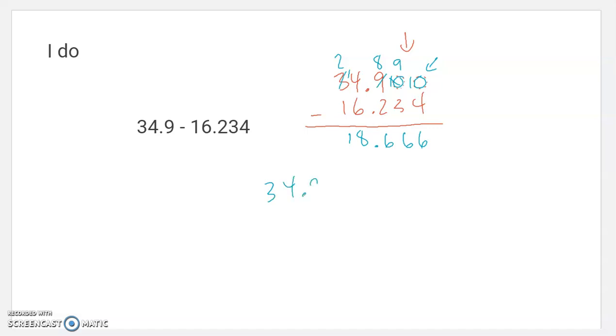Notice what would have happened if I didn't do this zeros thing. If I rewrite the problem and start over, here's the wrong answer that would be tempting to give. It would be to just say, there's nothing here, so I just do 4 and I just do 3. And then I would get 7 here, 8 here, and 2 here.